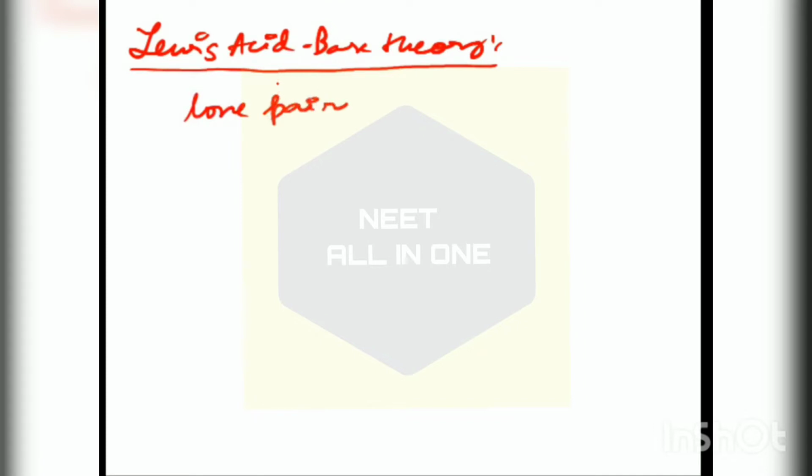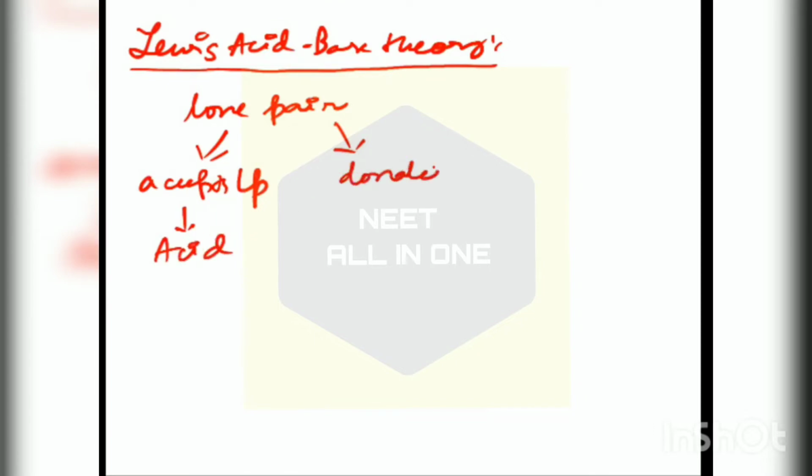Okay, so we all know what is lone pair, that we have studied in chemical bonding. If some substance accepts this lone pair, it becomes acid, and if it donates lone pair, then it is called base.